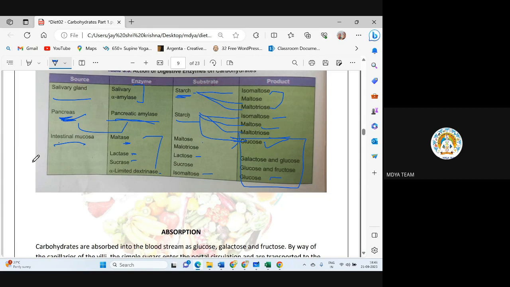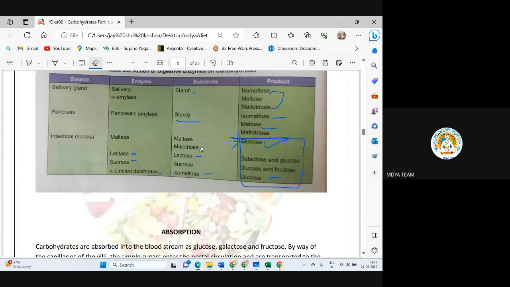Again, I'm explaining all this. First, in our mouth, there are salivary glands to release saliva.